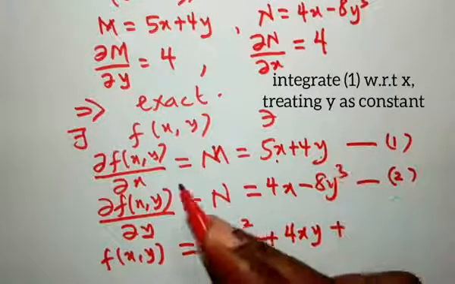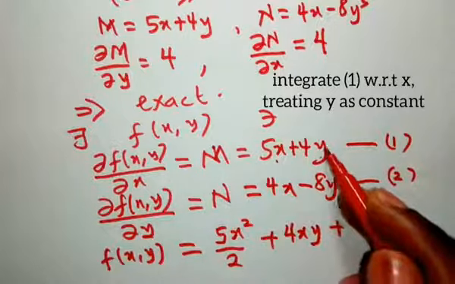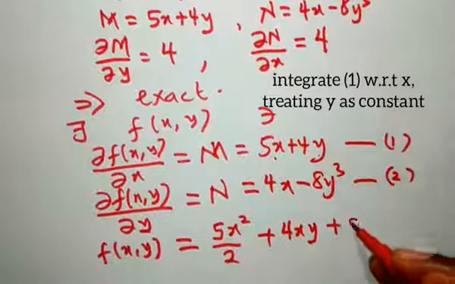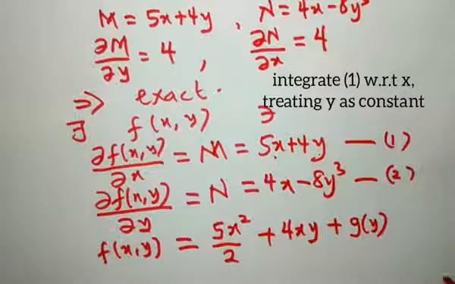But because we are integrating with respect to x, treating y as a constant, our constant will be a function of y. So we have g(y).